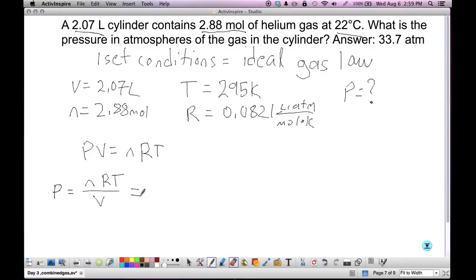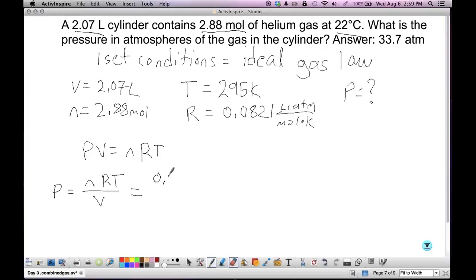Now, when using this ideal gas constant, I find that it's helpful to either start or end with that. And the reason for that is you can set this up as its own thing in dimensional analysis.